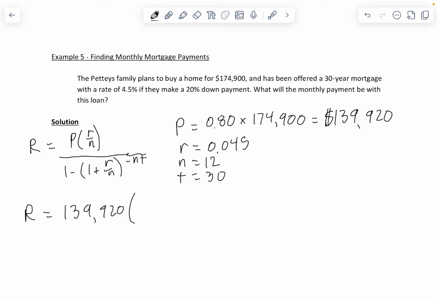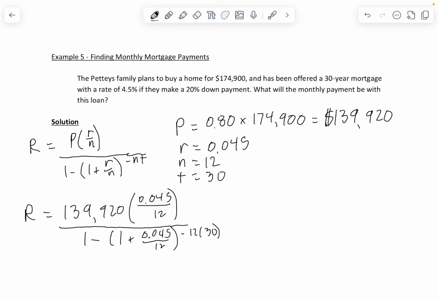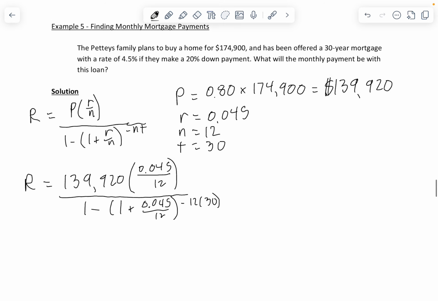139,920 times 0.045 over 12 over 1 minus 1 plus 0.045 over 12 raised to the power of negative 12 times 30. Okay. And again, if I break this down step by step, the numerator ends up being 524.7.